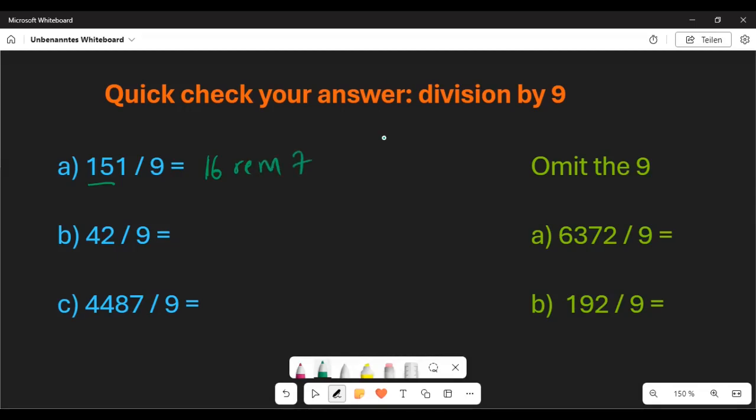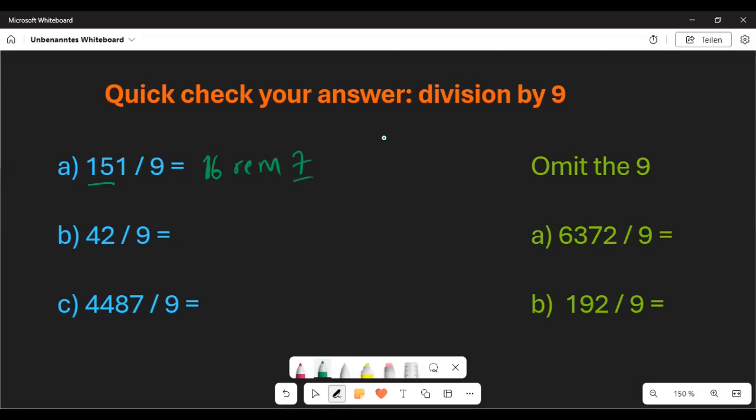Suppose you are a teacher and you want to prove, or you're writing your paper and you have choices A, B, C, D, and you want to prove which number is the right one. These are skills that help you quickly confirm whether you got your computation right. 159 divided by 9 gives 16 with a remainder of 7.